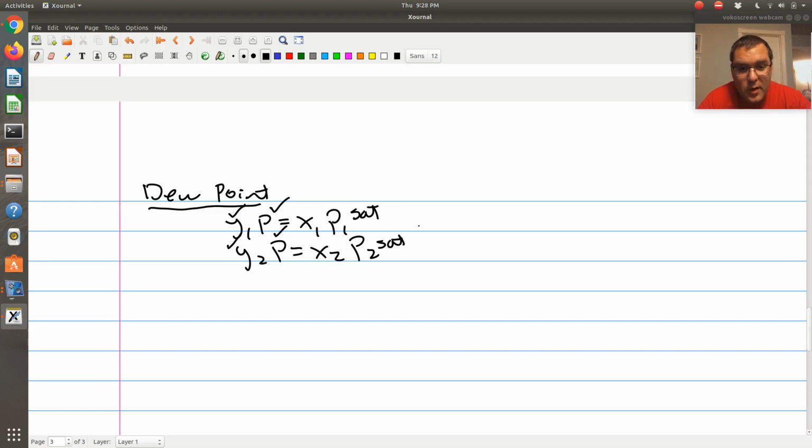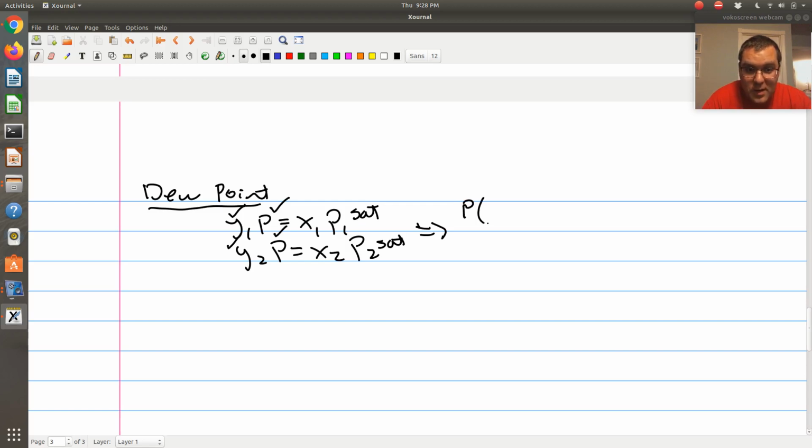I don't care about x1 and x2 in this case, and so the trick is rewriting this so I can add them together and kill x1. Again, you don't need to do this. I could just solve it as is and get x1 at the same time, thinking of this as two equations with two unknowns. If you use MATLAB, you can solve it just as easily. Tackling this, I'm going to divide by P1 sat and P2 sat.